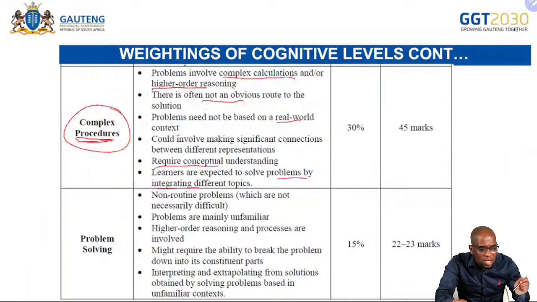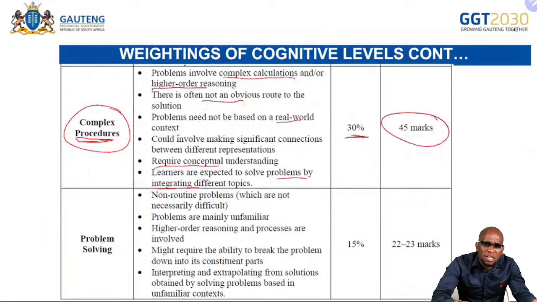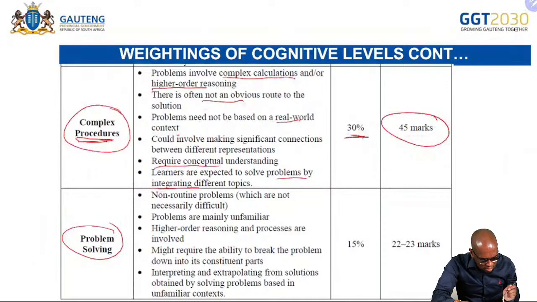And then we come to the higher order questions. That would be level 4 type questions, non-routine problems, which means that it's not necessarily something that you've seen before, something that requires you to dig deep into your creative and critical thinking skills. Problems are mainly unfamiliar. They are problems that you haven't seen from past papers before.